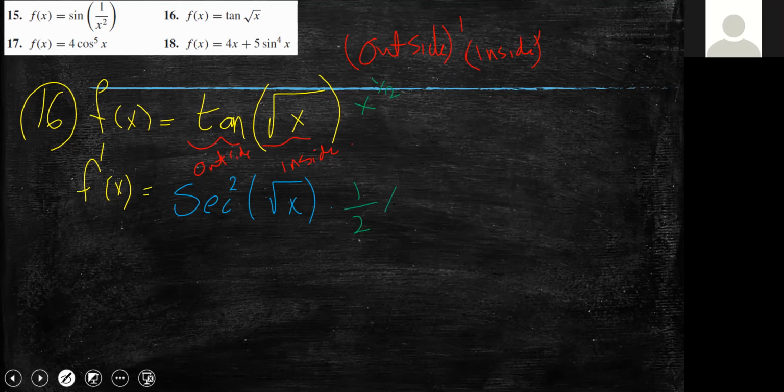And g is cosine 5x. So g prime, it will be what? Here you have to use the chain rule. Negative sine, negative sine x times 5. The derivative of, yes.